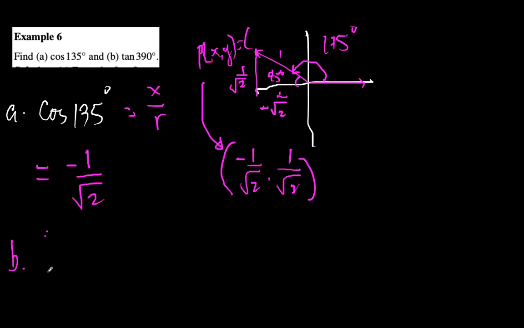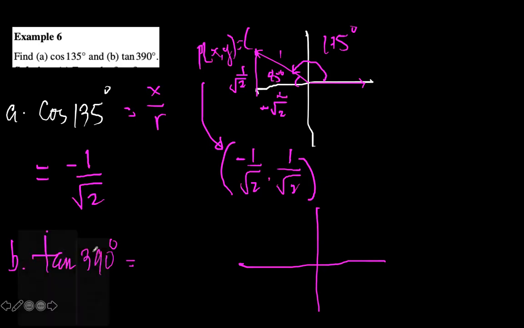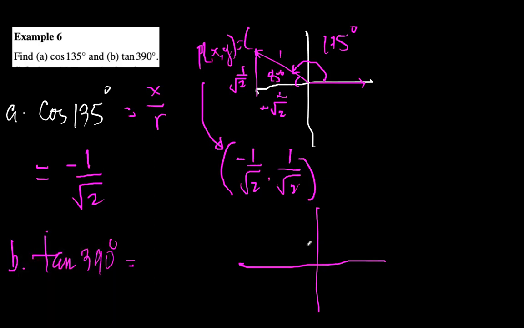Okay, good. Very good. So, tangent 390 degrees. This is a different angle. 390 degrees. Where can we find 390? Where specifically in the xy plane can we find the terminal side of 390 degrees? Where? Because the location of the angle tells us the signs.